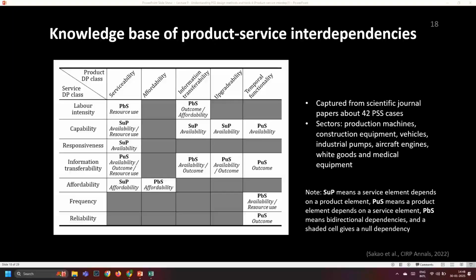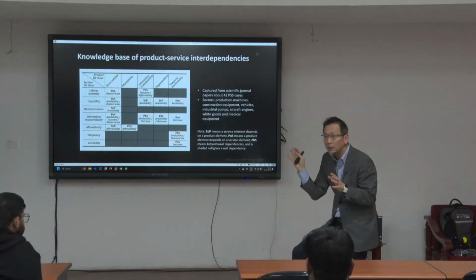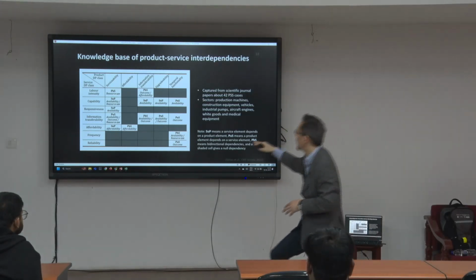Those PSS design parameters, or high-level descriptions, are also coming from the cases that we found in scientific papers. So we categorized those aspects on the PSS level into a quite small number of classes.